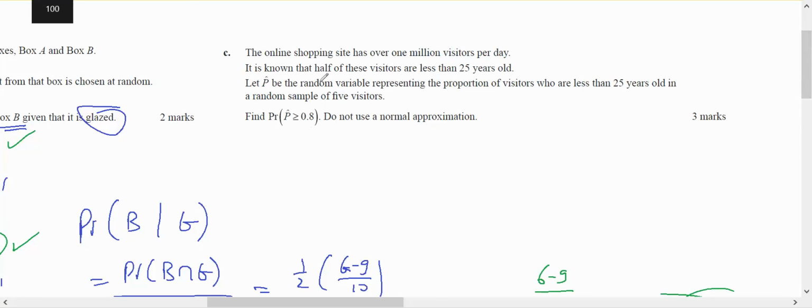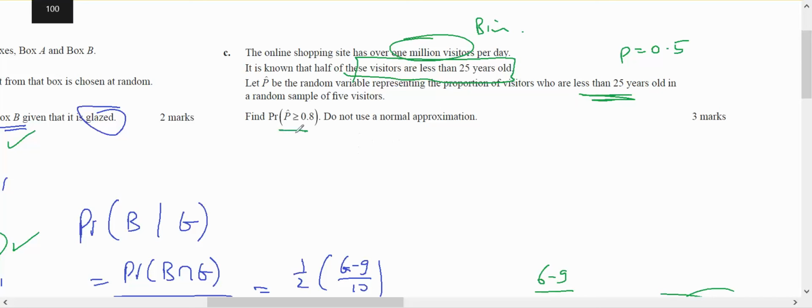And part C, an online shopping site has a million visitors, so therefore I can use the binomial. Half of the visitors are less than 25, so p equals 0.5. Let P hat be the random variable representing the proportion of visitors who are less than 25.